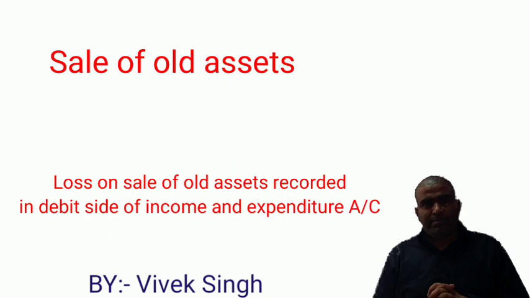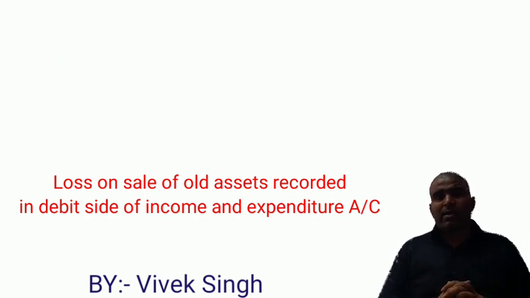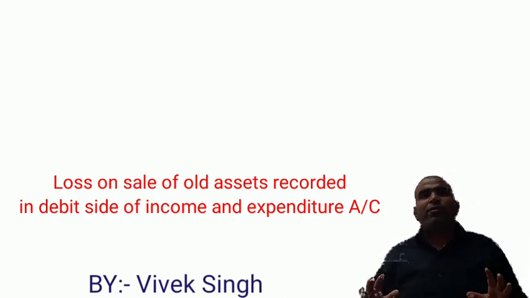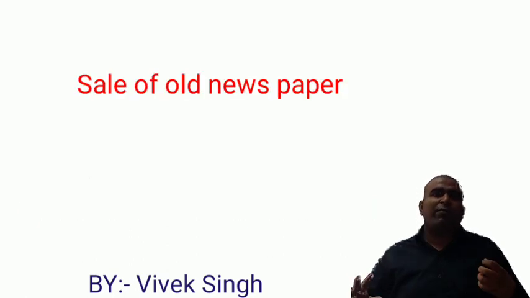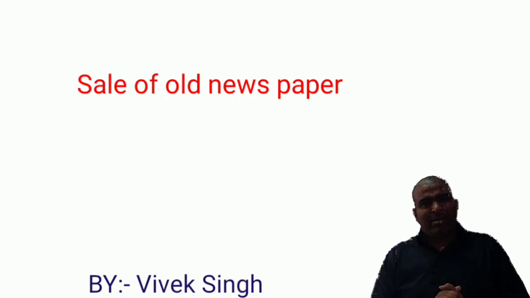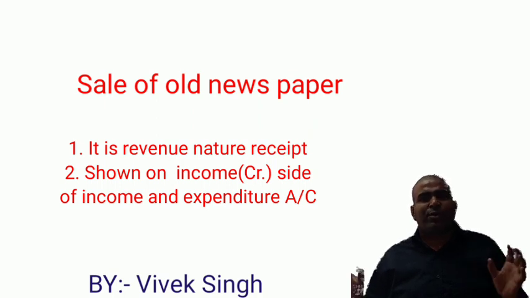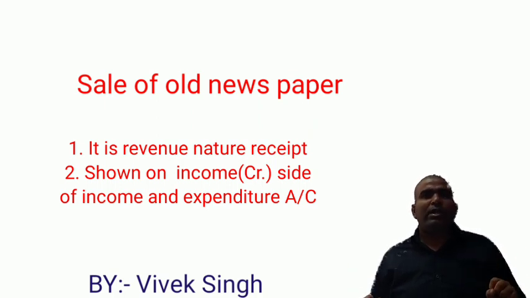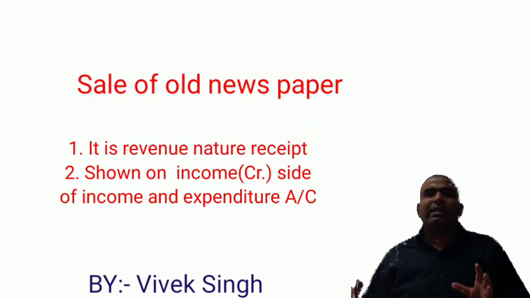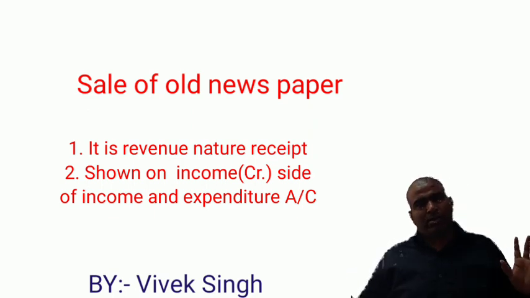So after this, come to the next. The next is sale of old newspaper. Clear? Or sale of ground grass. If a company sells their old newspaper or grass, it will always be treated as a revenue receipt, and it will be shown on the income side of income and expenditure account.